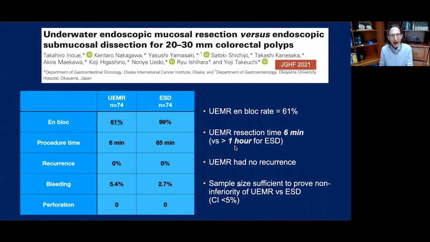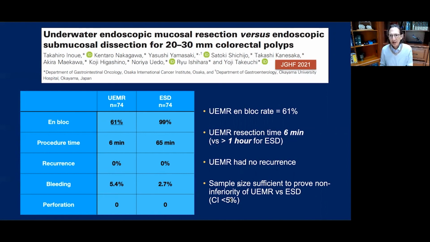But notably, the resection time in the UEMR group, 6 minutes compared to 60 minutes. Now, these are highly skilled Japanese endoscopists that can do this in 1 hour, but it was 1/10 of that time using the UEMR technique. Notably, the UEMR group had no recurrences. Now, it's not surprising there were no recurrences in the ESD group when you achieve en bloc resection, but the outcome was the same.